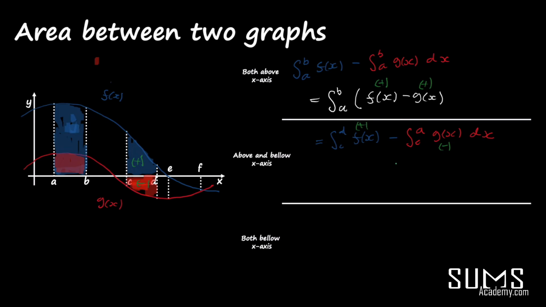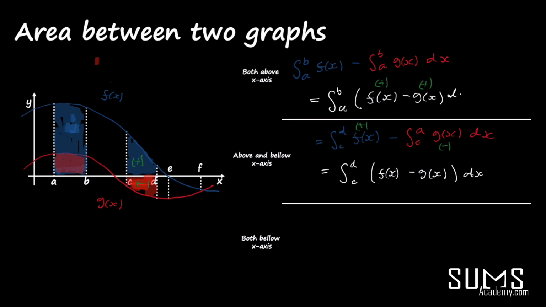So this ends up being minus a negative, so it ends up being positive, just the top half and the bottom half added together. So that actually simplifies itself. You can just write it like this: the integral between c and d of f of x minus g of x dx. Don't forget your dx's.